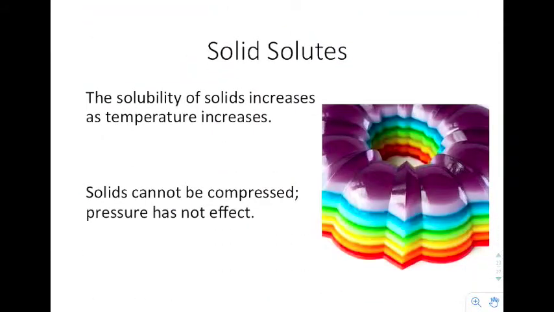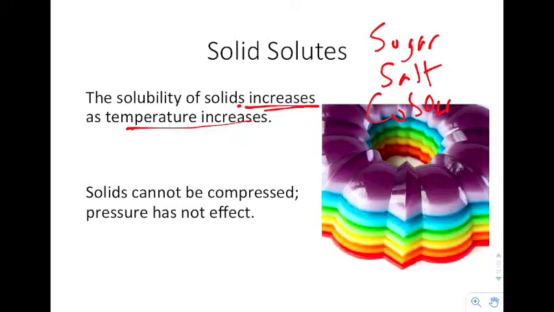All right. So for solid solutes, things like sugar, things like salt, things like copper sulfate, the solubility of the solid will increase as temperature increases. Now we're assuming that we're talking about a liquid solvent here.